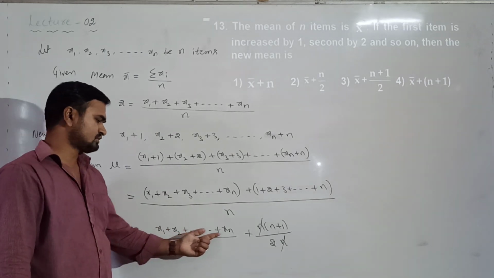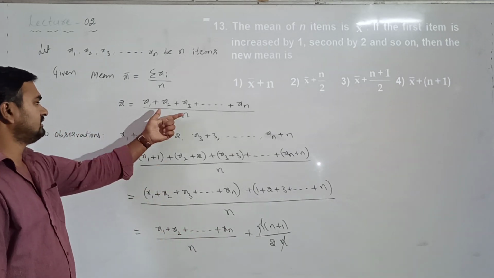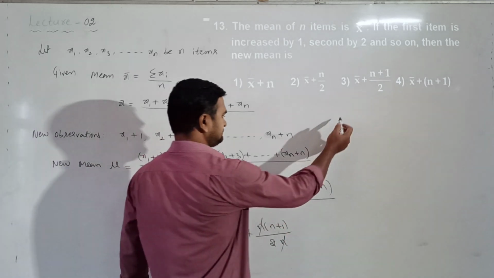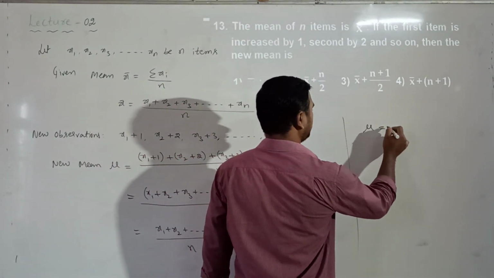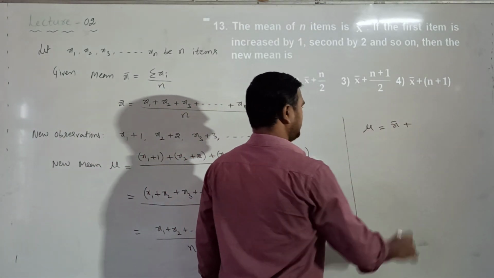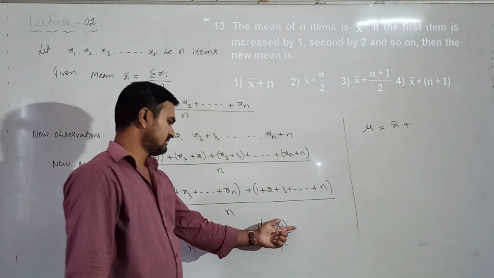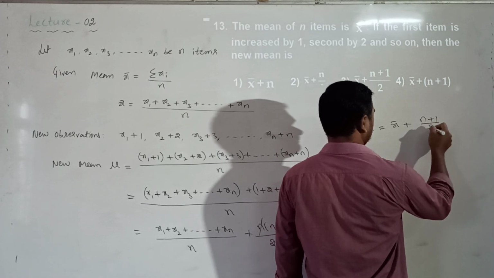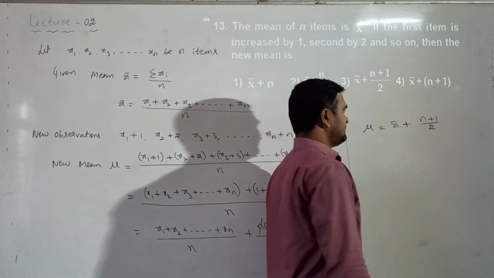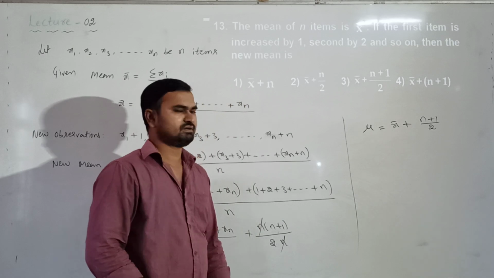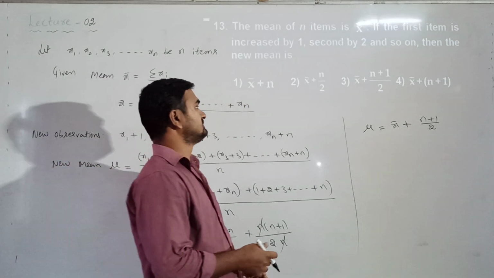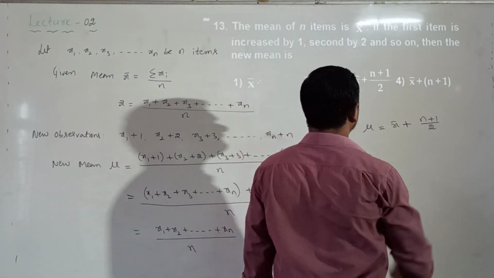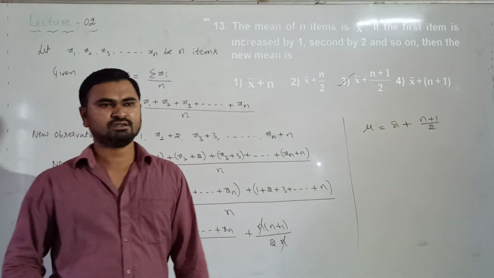What is x1 plus x2 up to xn divided by n? It is nothing but x bar. So the new mean is x bar plus (n plus 1) by 2. So the new mean is the third option: x bar plus (n plus 1) by 2.